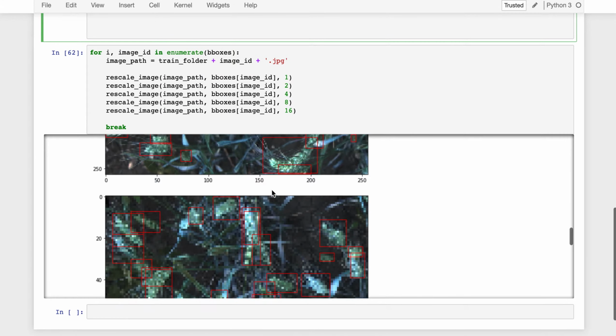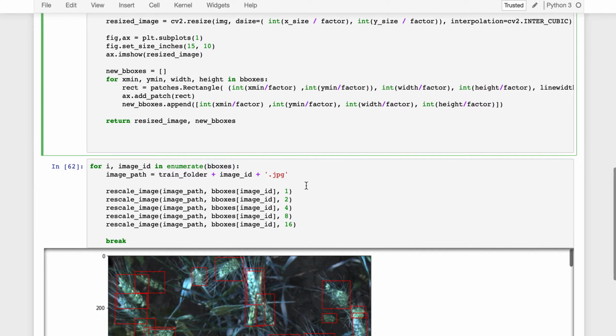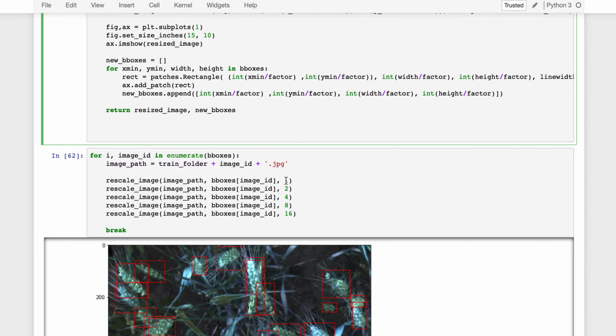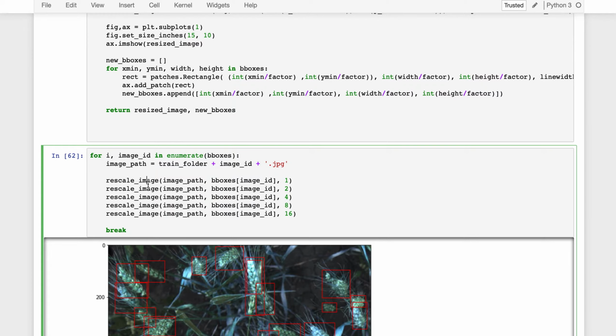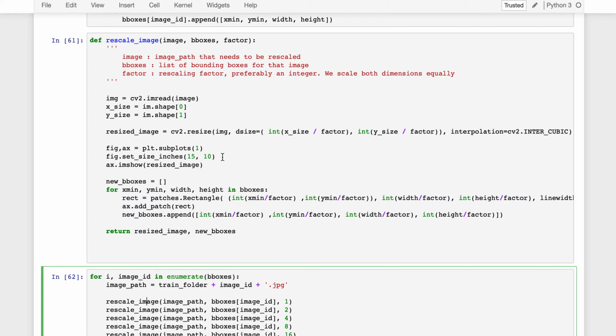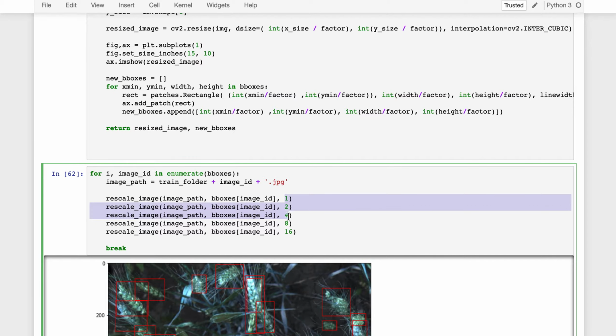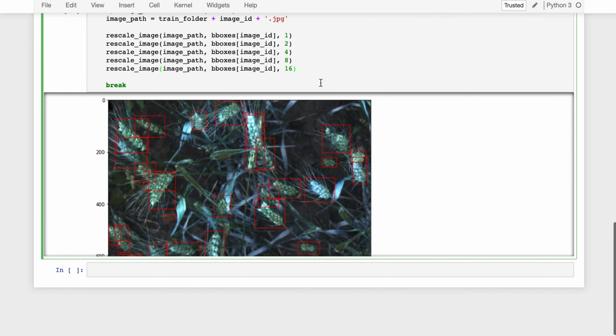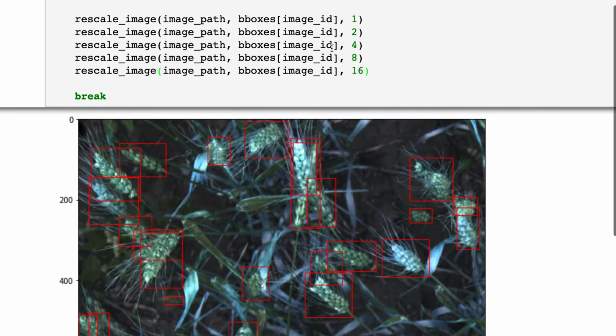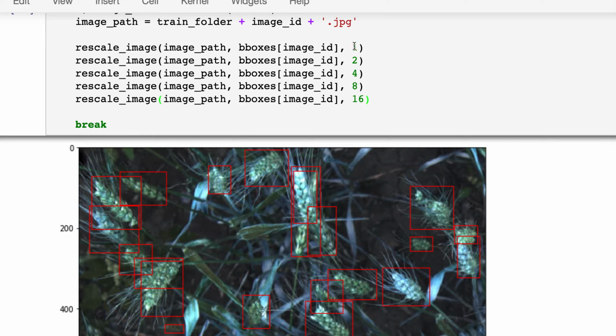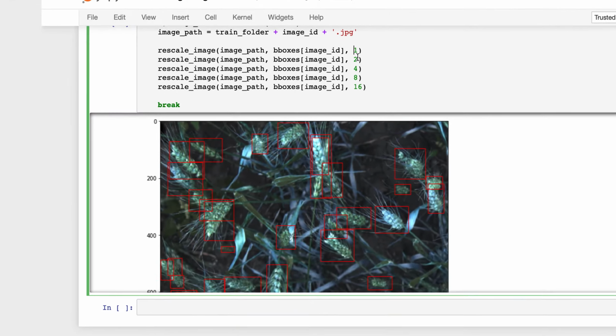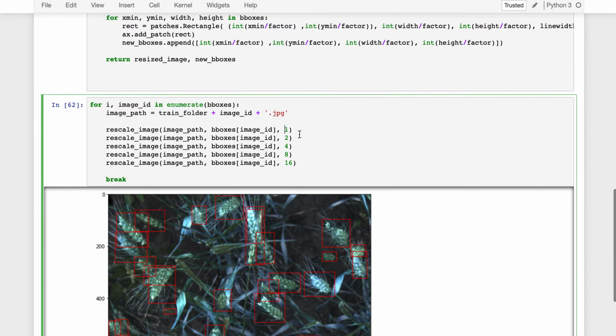And just to show you how things look, I've picked one image and I call the rescale image function, rescaling by different factors: 1, 2, 4, 8, and 16.